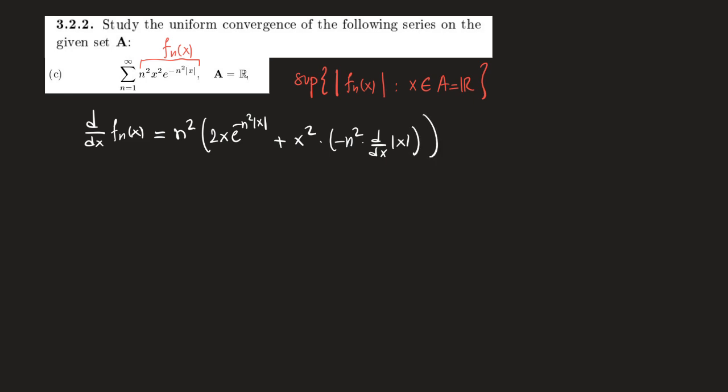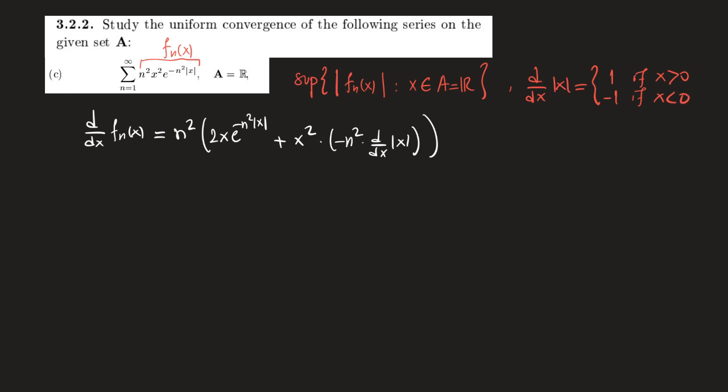Since the absolute value is not differentiable at the origin, I can still calculate the derivative elsewhere: 1 if x is positive and minus 1 if x is negative.